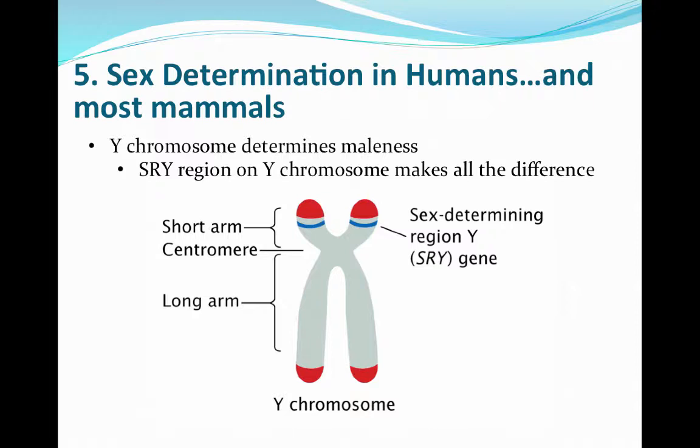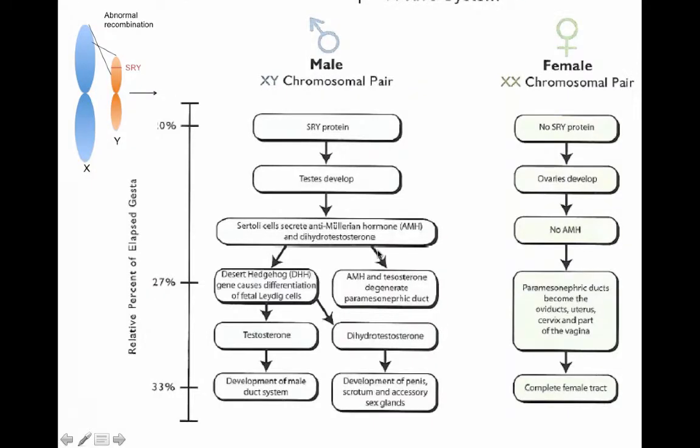More specifically, there's a gene on the Y chromosome called the SRY gene, and this is really going to make the difference and result in the male phenotype. The SRY gene is very close to the telomeres on the short arm of the Y chromosome, and it's going to go through expression, through transcription and translation, if it is present.